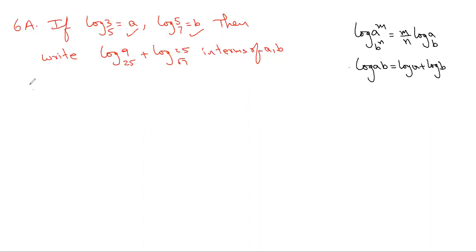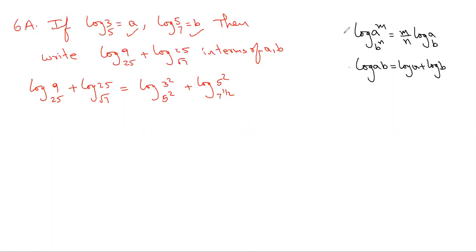So this is equal to the expression log 9 base 25 plus log 25 base root 7. We discussed some formulas there where you cancel these two, but those are in multiplication, so you could do that. Here they are in addition, so you need to be careful. And you can write this 9 as 3 square, 25 as 5 square, and root 7 as 7 power half.